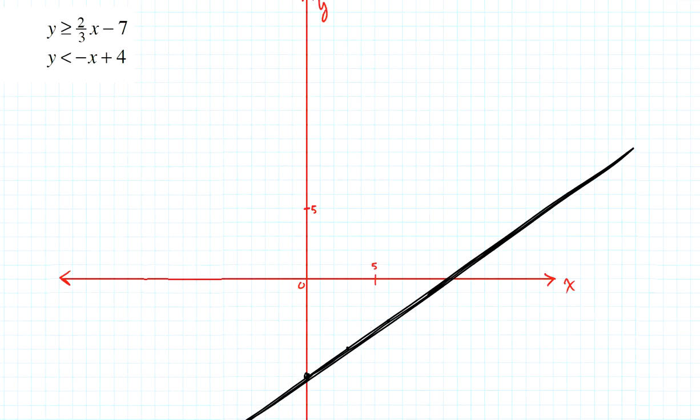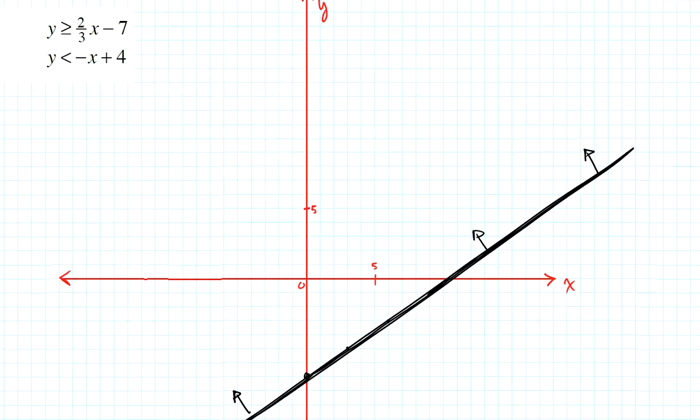So in fact, if I was to plug in the point 0, 0, x is 0, y is 0, that says that 0 is greater than or equal to -7, which is true. So it is a solid line, and we're going to be shading above this, right? For 2 reasons. It's y is greater than this curve. The other thing is I tested the one point at the origin.